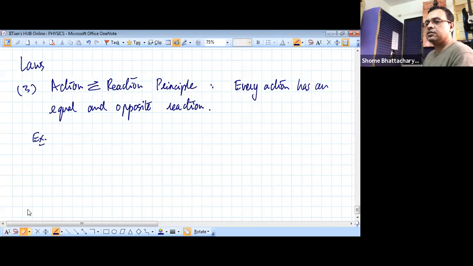Before that, let's also understand the statement in a more clear way. What does this equal and opposite reaction actually mean?